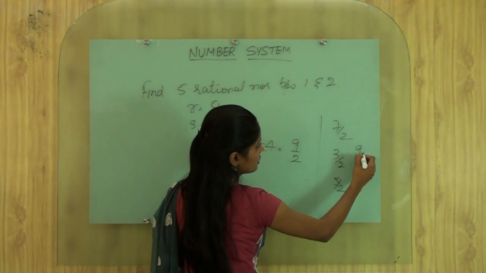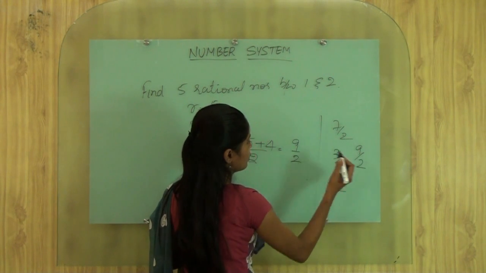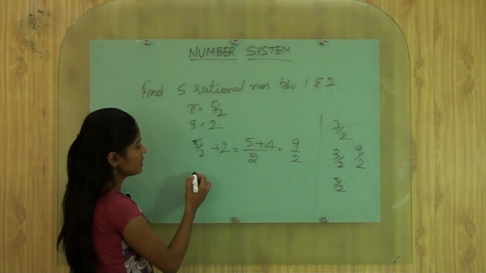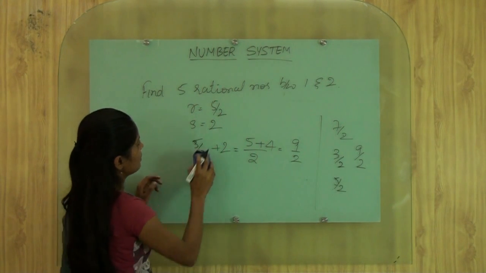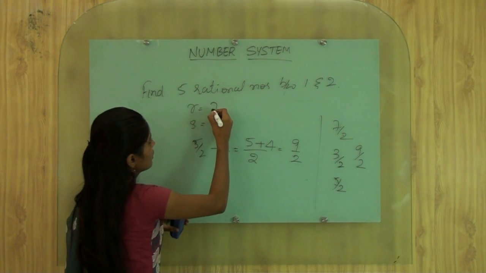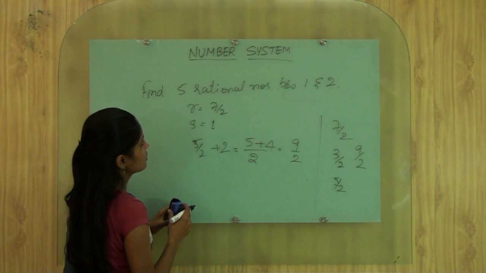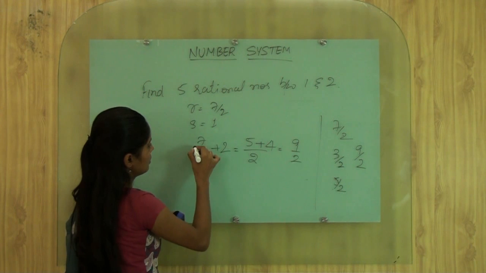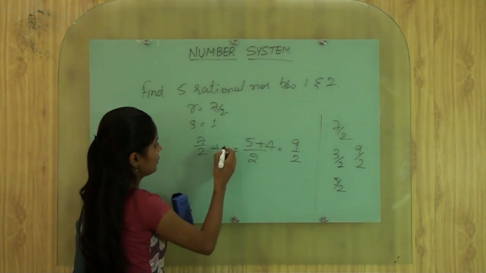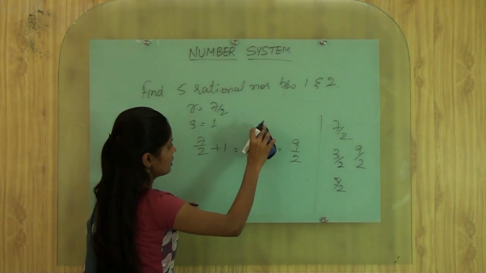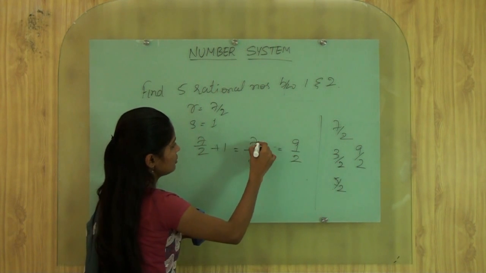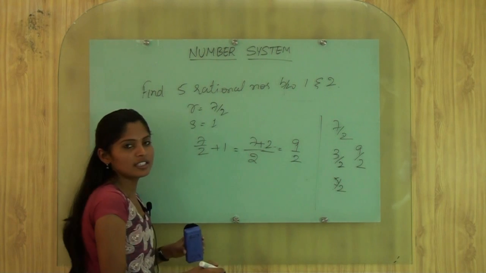We got 1, 2, 3, 4. One more, 7 by 2 plus 1, which is 7 plus 2, 9. The same we got.